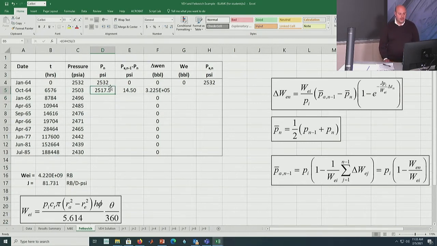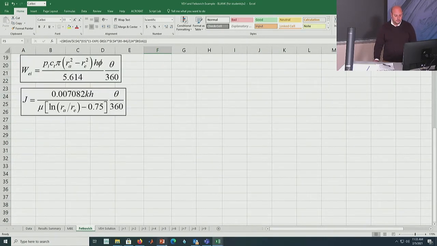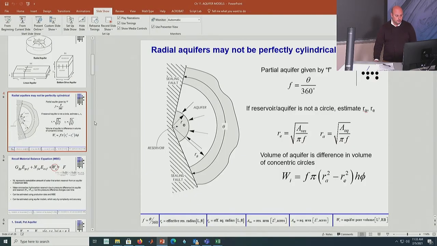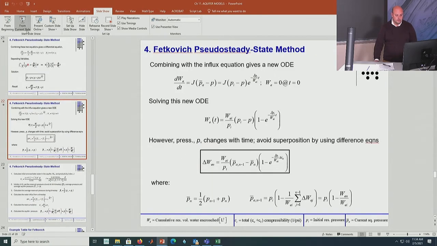So we have that. And then, because I put the formula already in there, delta WEN already appears, and we calculated that using this formula here.